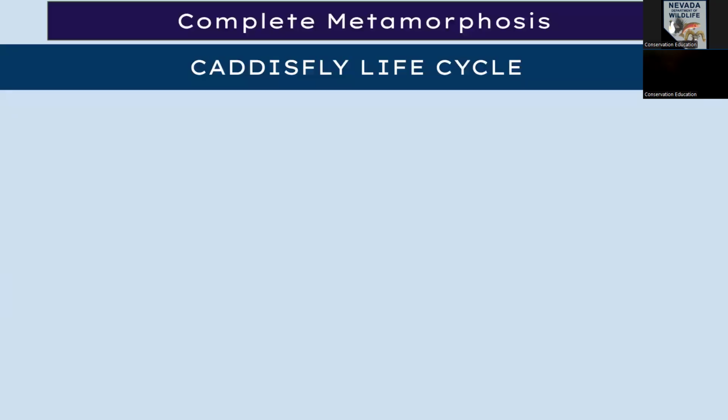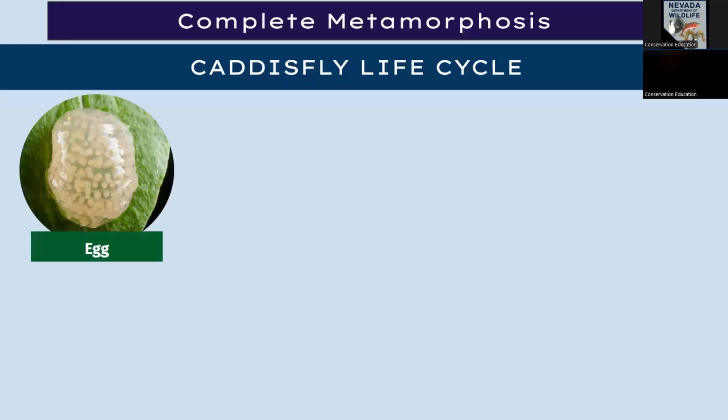So when we're talking about our caddisflies, so caddisfly is a food source for our trout, and you're going to see a picture of a fully grown one very soon here, but they're going to be laid as eggs, and they're going to be laid near the water or in the water on a leaf or a rock, wherever their parent left them. And this is going to last for about 1 to 3 weeks.